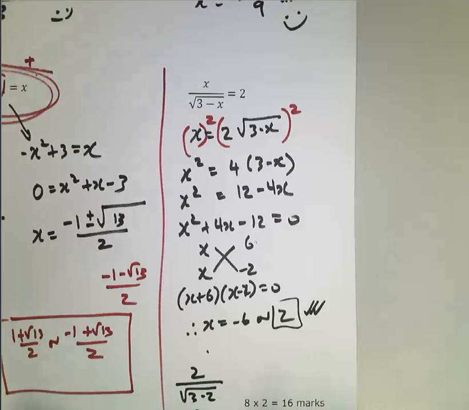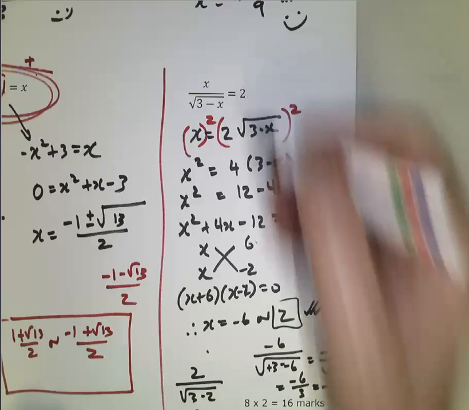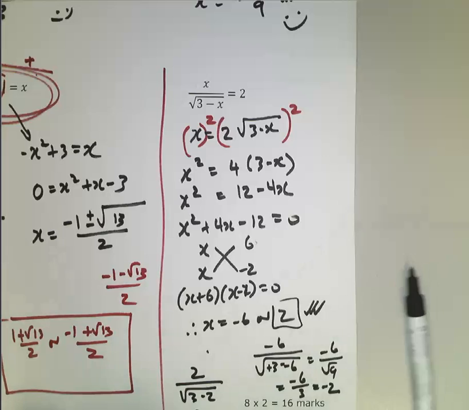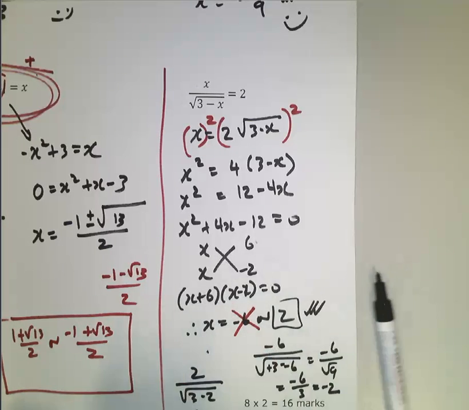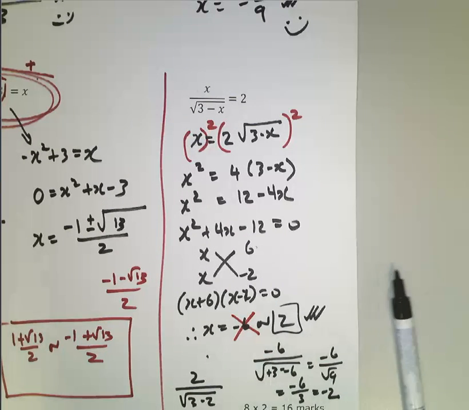When x equals negative 6, I get negative 6 on top of the square root of negative 3, that's positive 3, minus 6, which is negative 6 on the square root of 9, which is negative 6 on 3, which equals negative 2. And that doesn't equal 2, so I can't accept the negative 6 as a possible solution. Therefore, 2 is the only solution.